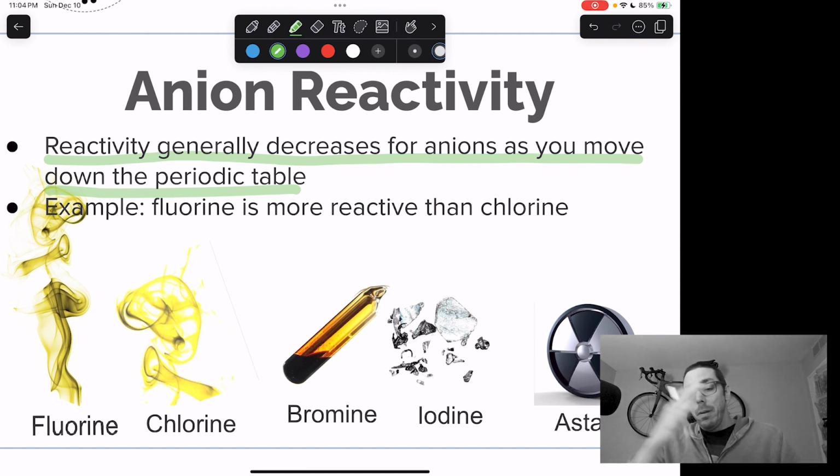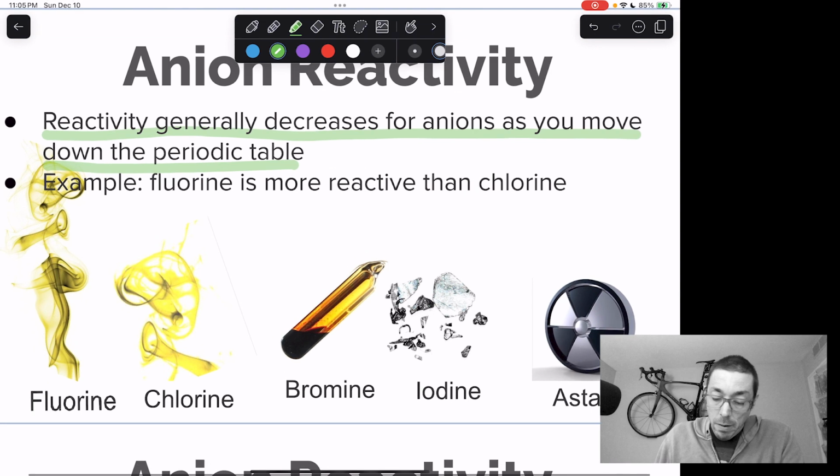And that happens as you move towards the right of the table. So the further right you go and the further up you go is going to make the strongest pull from electrons outside the atom to join that atom. And that will then make the negative ion. So as we go up and to the right, we have a higher reactivity.